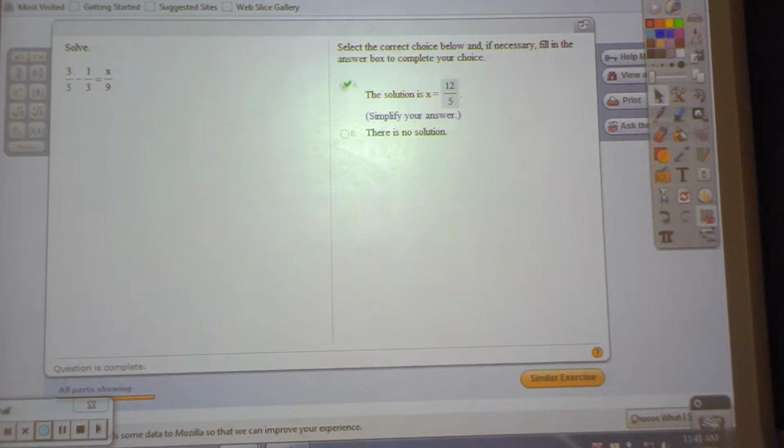That's about the only one we got in 6. Go ahead and do that one. 3 over 5 minus 1 over 3 is equal to x over 9. This is number 1. So everybody should at least get the first 2 on 6.6. I'll still have people turn in zeros for 6.6.